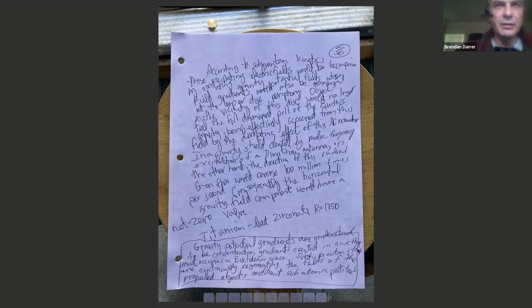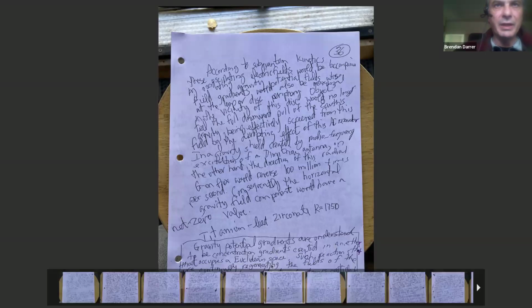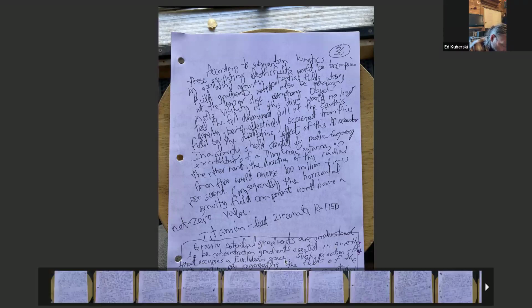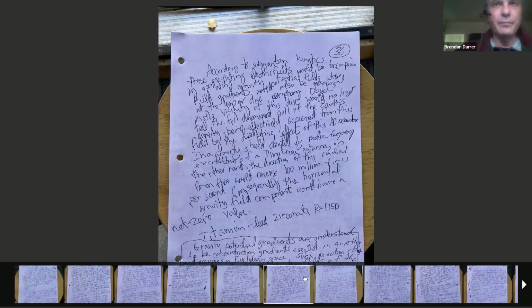Such reactions that are continually regenerating the fields of the propelled objects constitute subatomic particles.